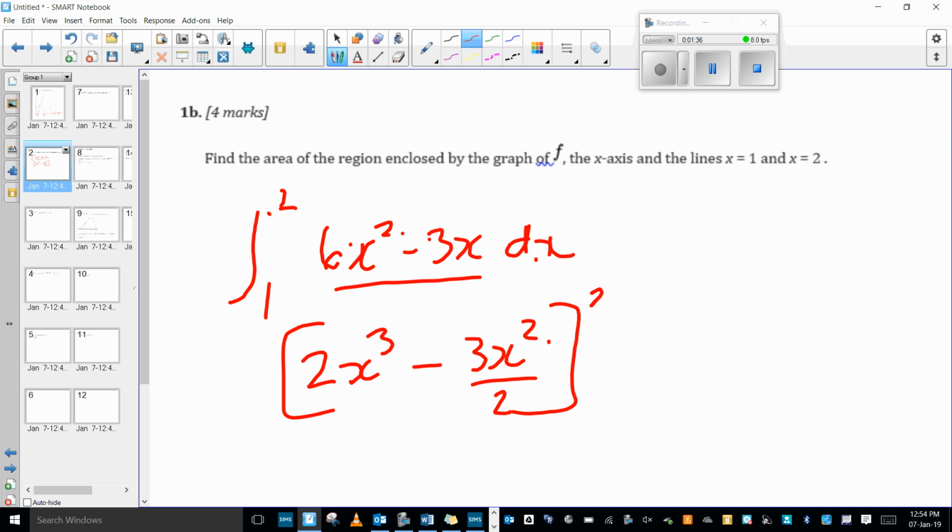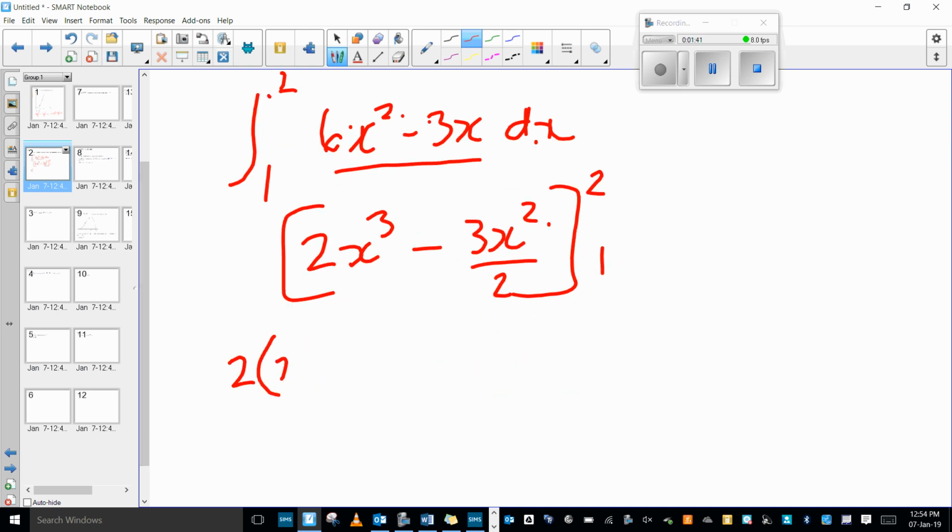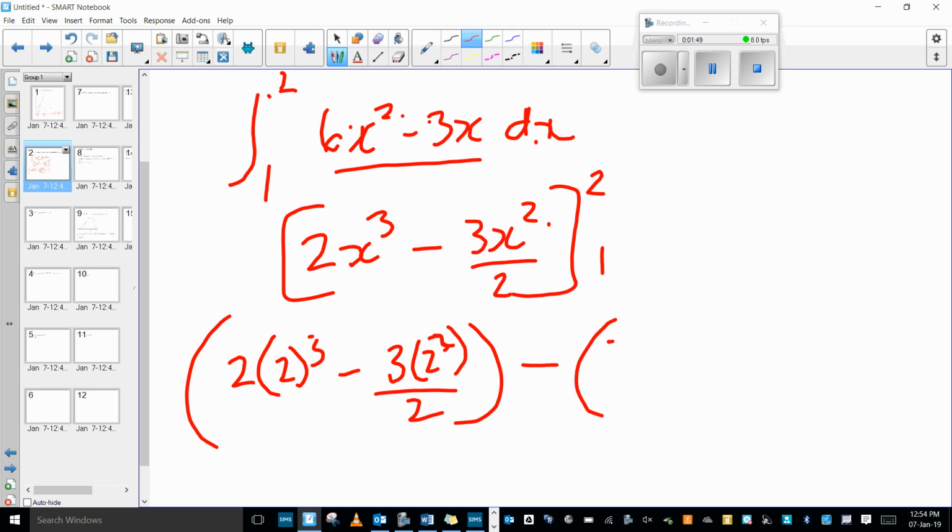You are substituting in 2 and 1. So you've got 2 lots of 2 cubed minus 3 lots of 2 squared over 2, subtract 2 lots of 1 cubed minus 3 lots of 1 squared over 2.